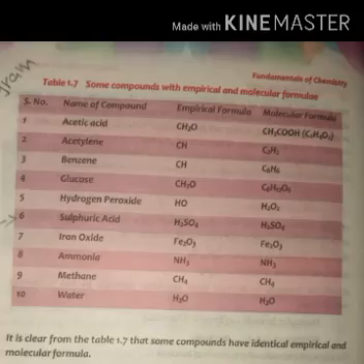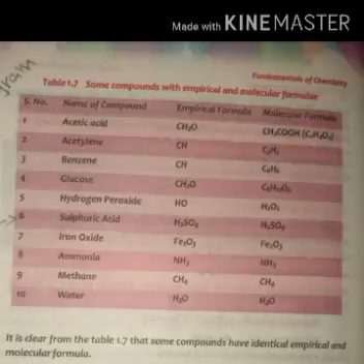A molecular formula may be the same or a multiple of the empirical formula. A few compounds showing their molecular and empirical formula are shown in table 1.7. Some compounds along with their empirical and molecular formulas are given below.